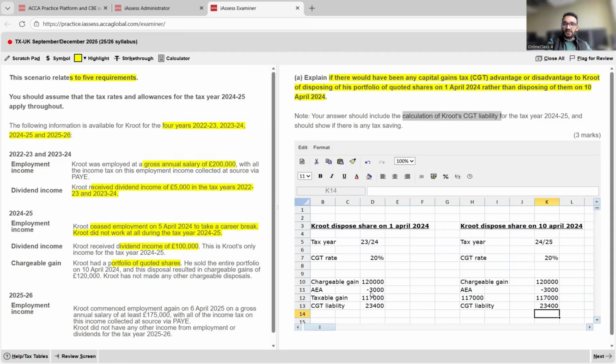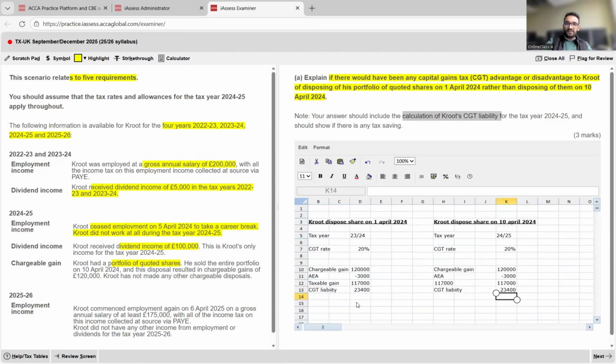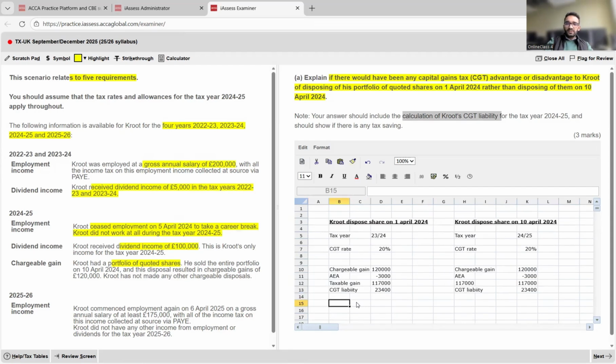Just write down and explain briefly that there is no saving regarding CGT liability, whether Crude sells his shares on 1st April 24 or 10 April 24.